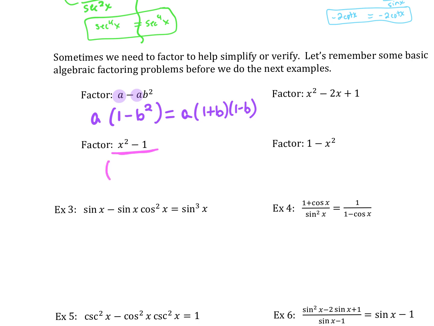So that x squared minus 1 might be x plus 1 times x minus 1. And this one is just flipped. I'm going to jump to this, right? 1 plus x and 1 minus x. But this is a really important one.